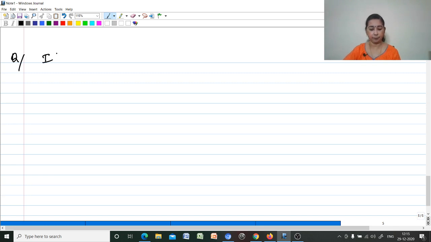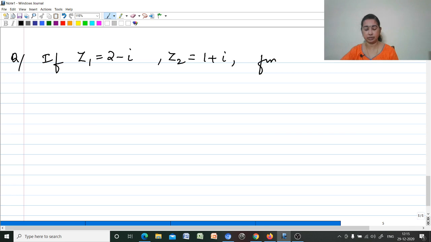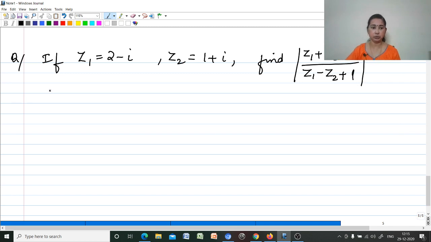Now moving on to the next question. If Z1 is equal to 2 minus i and Z2 is equal to 1 plus i, find modulus of (Z1 plus Z2 plus 1) divided by (Z1 minus Z2 plus 1). So we can substitute those values.